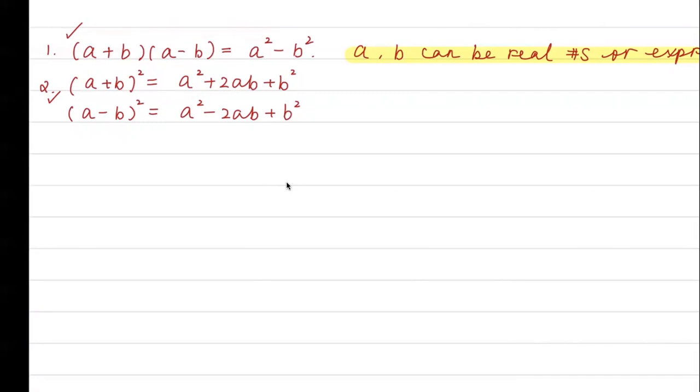We also need to know how to use the formulas from this direction, which means if we're given something like this, we need to know that the answer is this. But if we're given something of this form, we also need to realize that this expression can be written as this expression. So that's the difficult part, right?